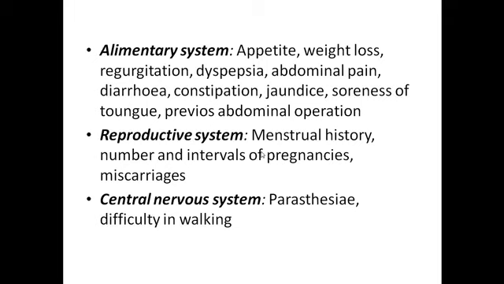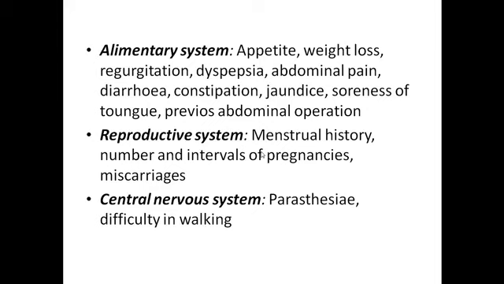And alimentary system: we have to perform full alimentary system examination, and the history points are appetite and weight loss. If there is weight loss, we have to think that some chronic disease is going on. Also regurgitation, dyspepsia, abdominal pain, diarrhea, constipation, jaundice, soreness of tongue, previous abdominal operation.